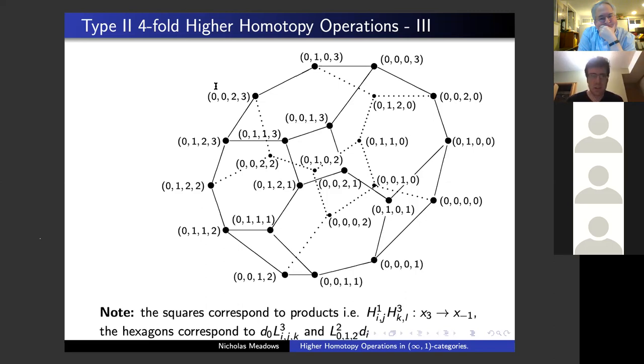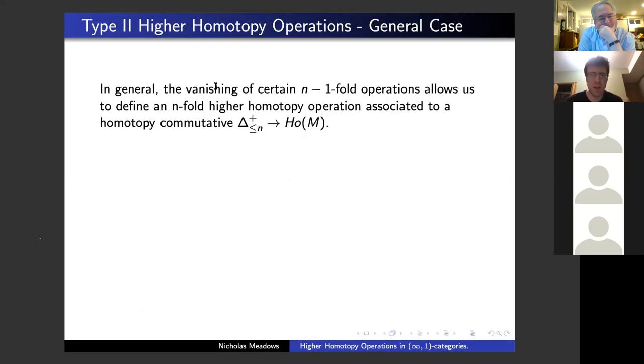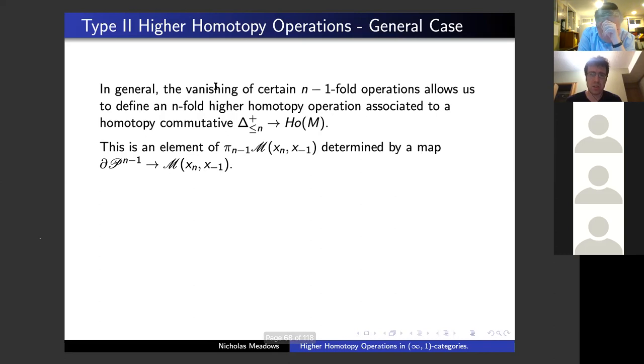So in general, we can define the vanishing of certain (n-1)-fold operations, and there will be many of them, as we saw even in the lower dimensional case we just talked about. This allows us to define an n-fold higher homotopy operation associated to some homotopy commutative diagram. This is an element of pi_{n-1} of the space of maps, which is determined by a map from the boundary of an (n-1)-permutahedron to the space of maps.